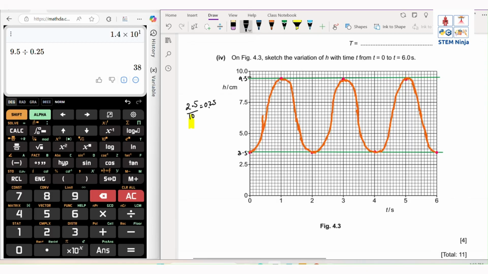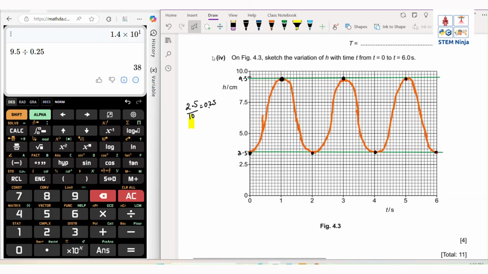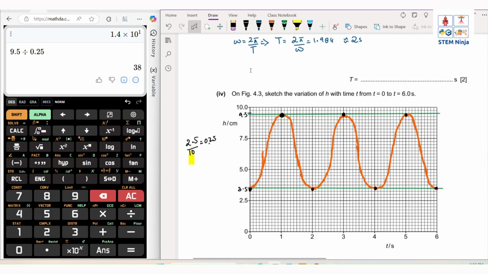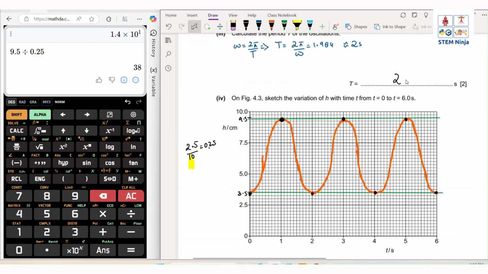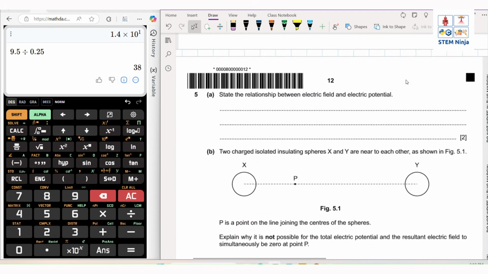Just to mark out the points, this is one point, and so on for each. That's all we need to do here. So this is 2 seconds. All right. Now, next question.